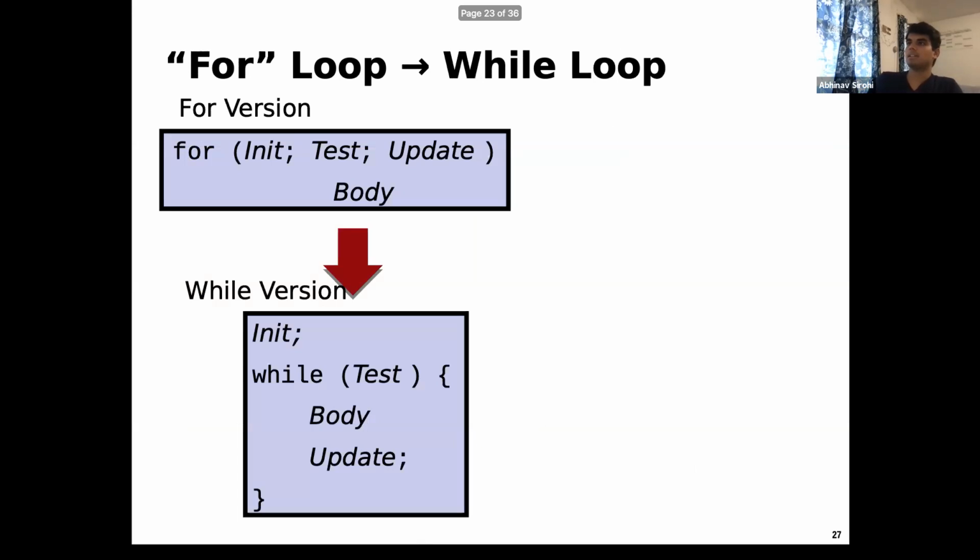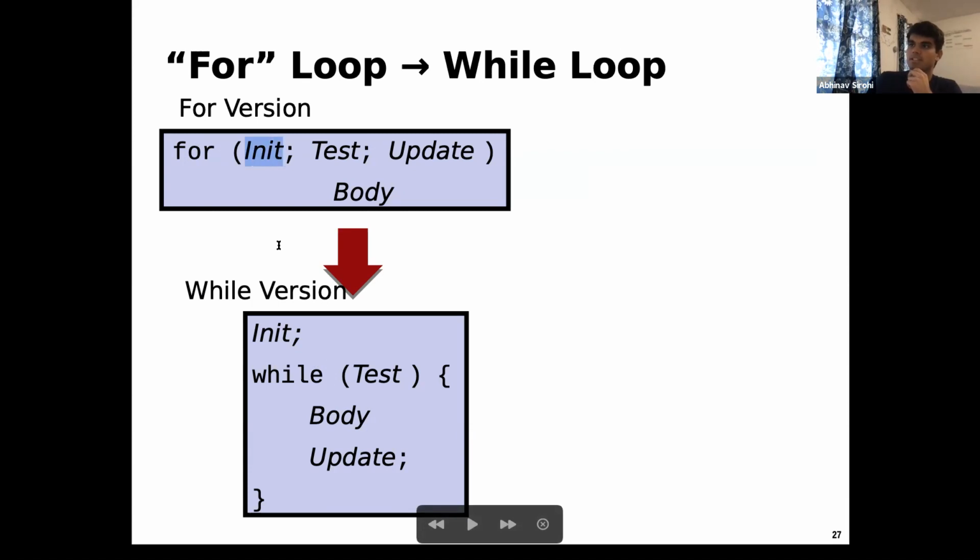And then we also have for loops, right? So basically the easiest way for us to understand for loops being converted into assembly is first let's convert the for loop into a while loop, which is not that hard to do.